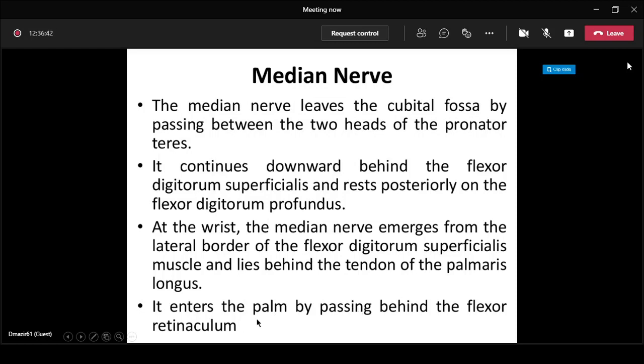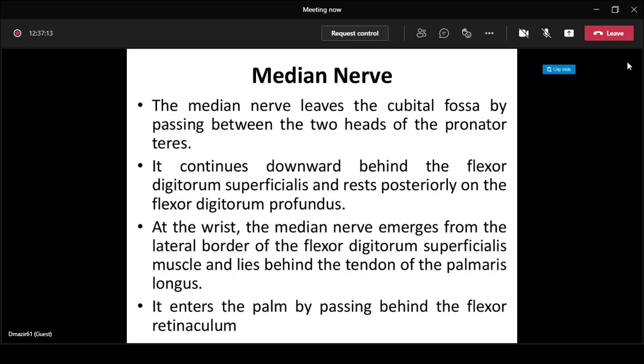That is, formed by the joining of the medial and lateral roots from the medial and lateral cords, the nerve moves as such in the arm. No particular branch is given in the arm, and it moves down in front of the cubital fossa and into the forearm, where it starts giving branches to various muscles.